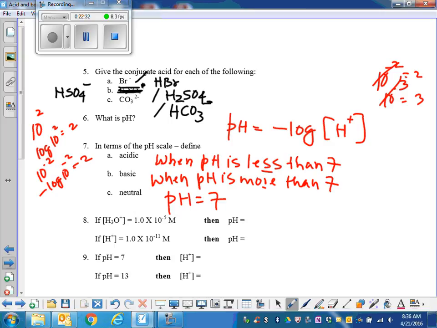Those are mathematical terms, and that's how we classify them. 6.9 is slightly acidic. It's not 7. It's not neutral. Sig figs I'll teach you when I actually start calculating. I'll do that a little bit.